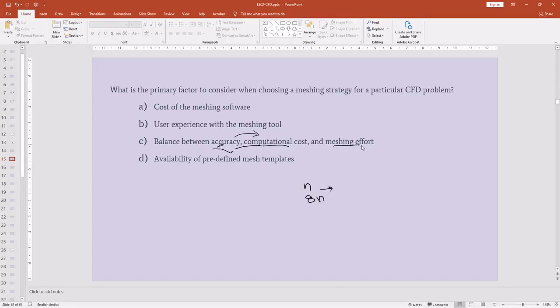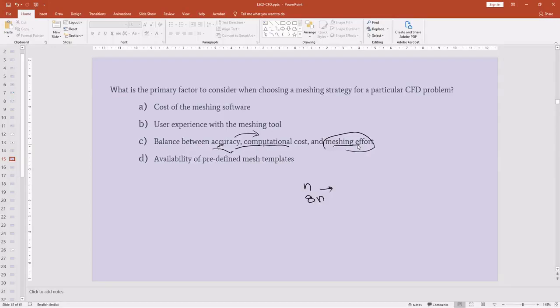And the third one, meshing effort. This comes into the picture when we are meshing complex geometry or meshing different geometries from time to time. Suppose we are meshing similar kinds of geometries, like an exhaust manifold. All of those will have similar shapes and sizes.